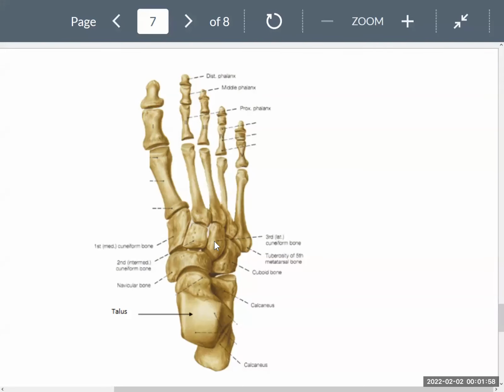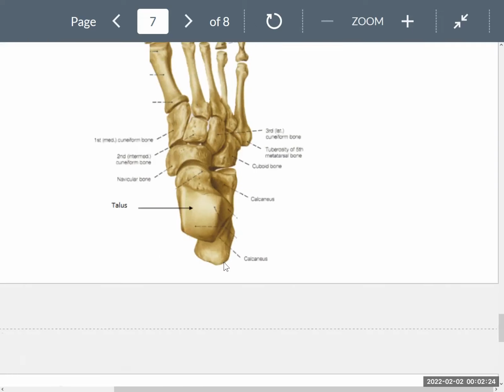But if this is the lateral cuneiform, what the hell is this? It gets confusing. This is still the cuboid bone. I think it's much easier for you: 1, 2, 3 cuneiforms. Come back to the last one, and that's the cuboid bone.